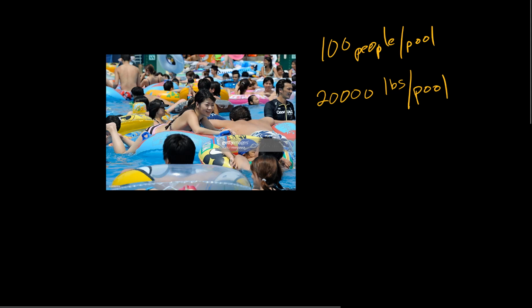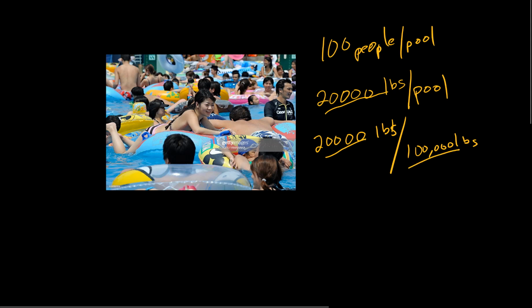We're going to use pounds here instead of technically mass, because we started off with that. So it's 20,000 pounds, and let's say the total weight of the pool and the people, in other words the solution, was 100,000 pounds.